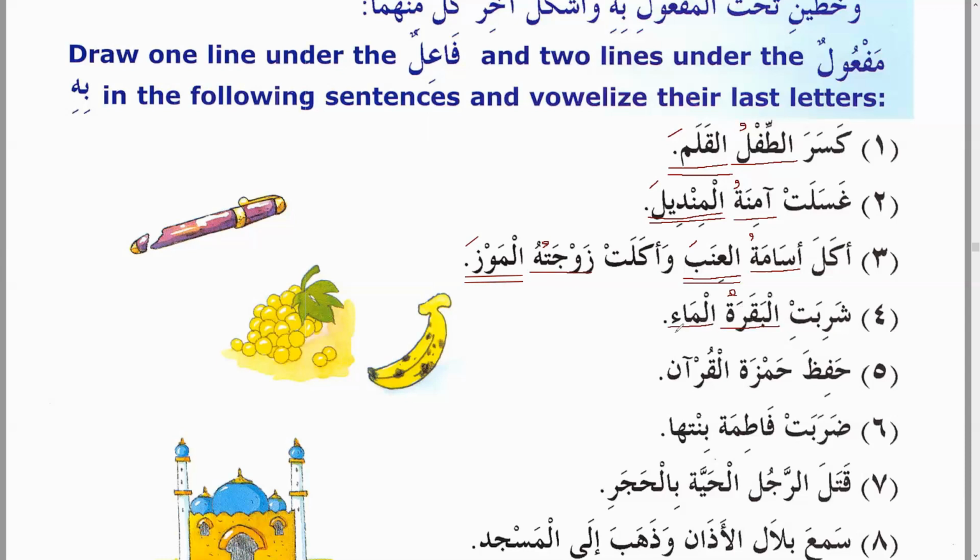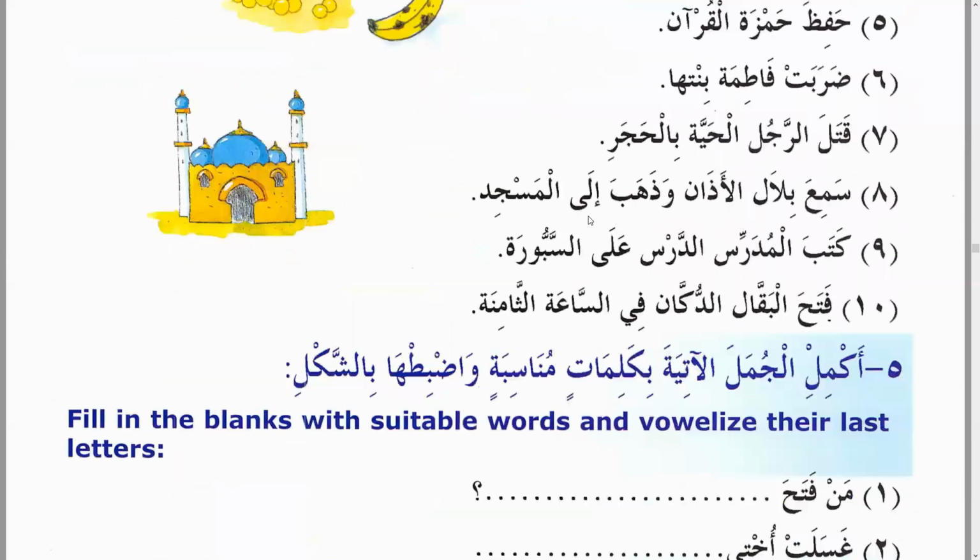Al-ma'a is the maf'ul. Hafidha Hamzatu and al-Qur'ana. Yes. This is the fa'il and this is the maf'ul bihi. Hamza memorized the Qur'an.